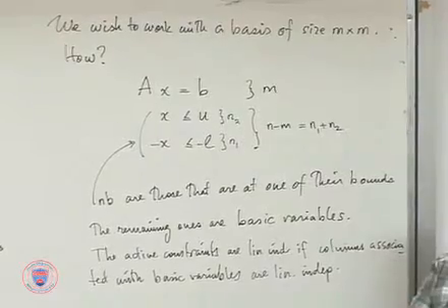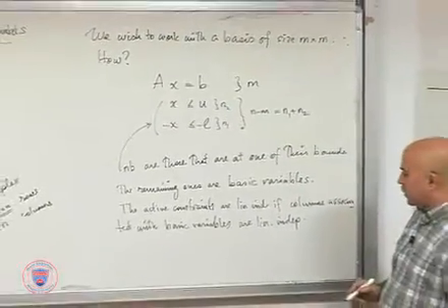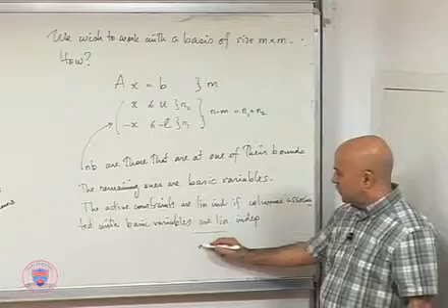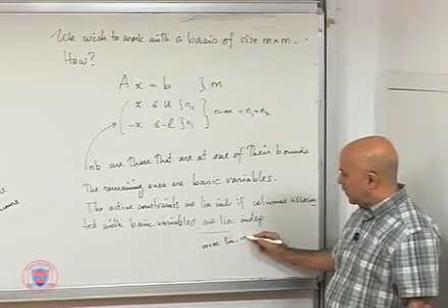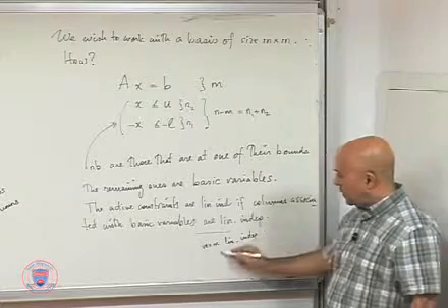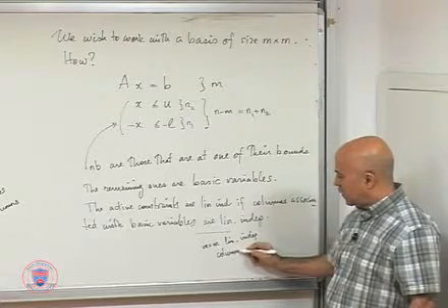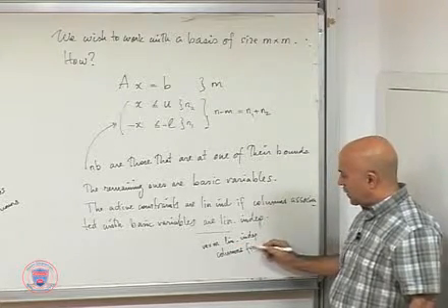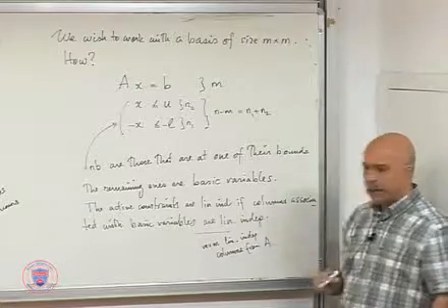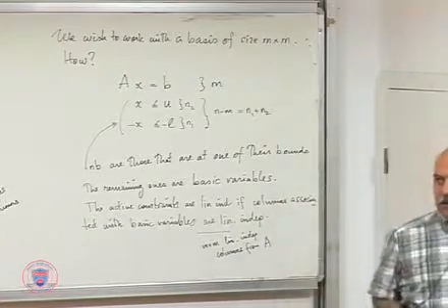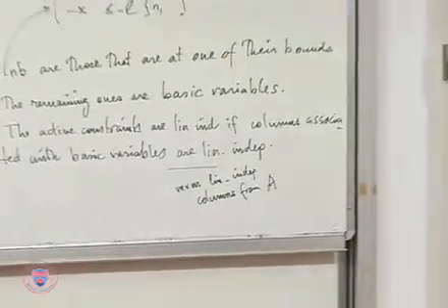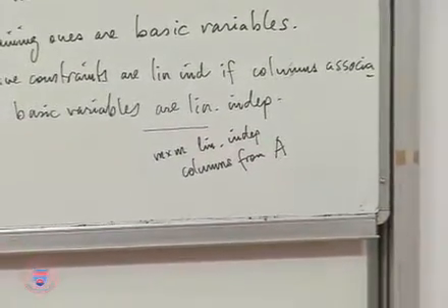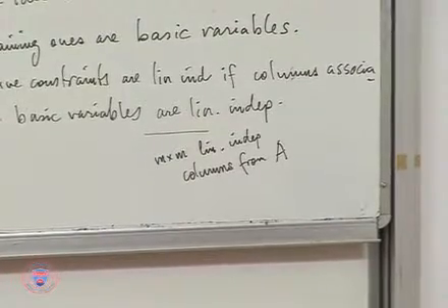So we're talking about an m by m basis matrix. So that's how you get your basis matrix. The columns associated with the basic variables will give you the basis.